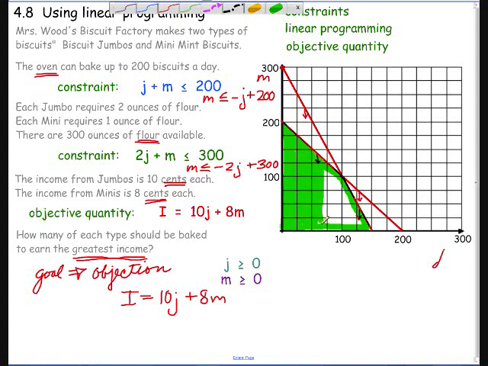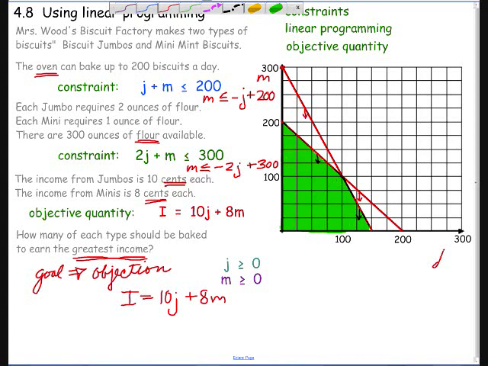So she's got a lot of choices here. Everything in the green space is a choice available to Mrs. Wood. She wants to maximize her income. Why wouldn't she? Of course, she's in business. And she can do that in all these ways.